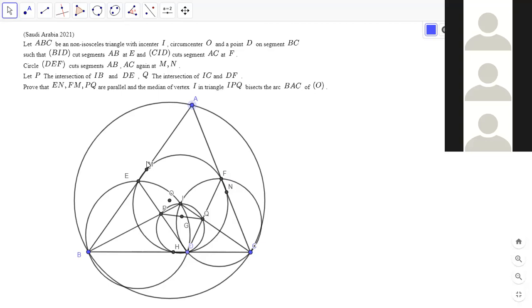No, AFM. So yeah, we want to show MDE is FDN.